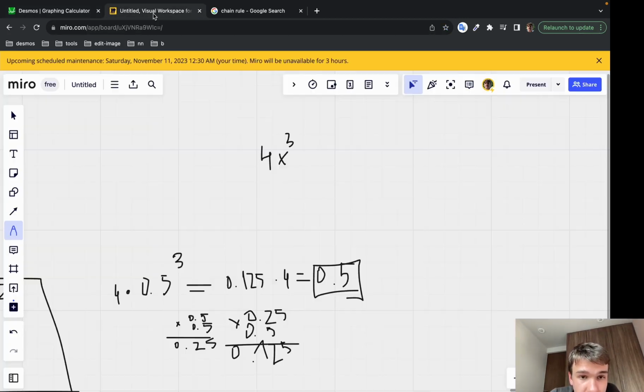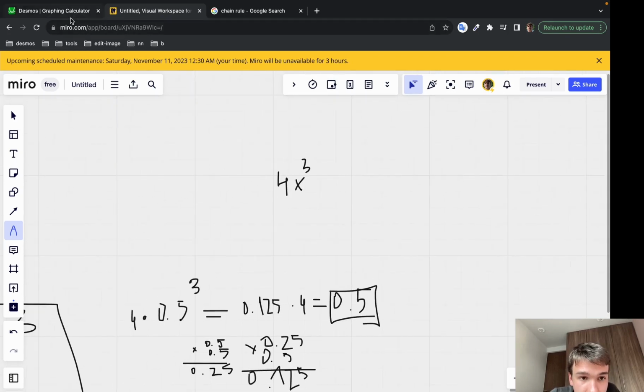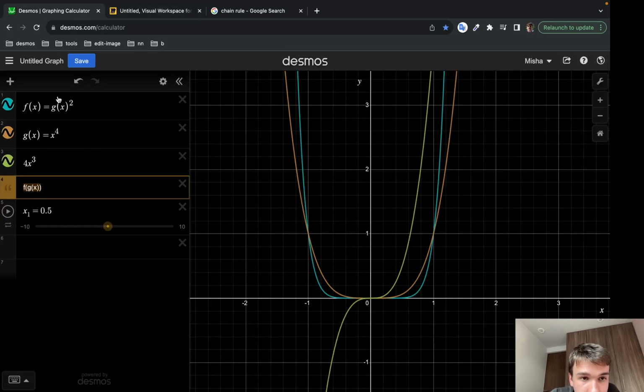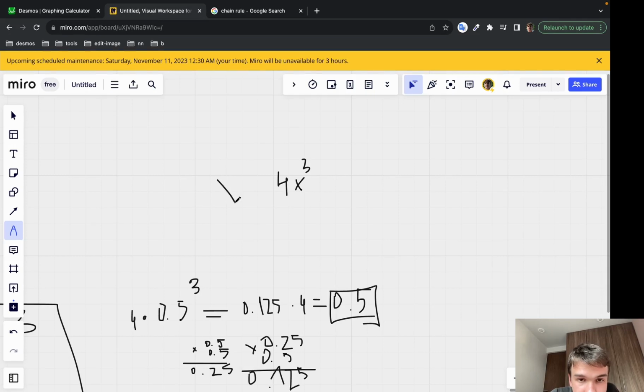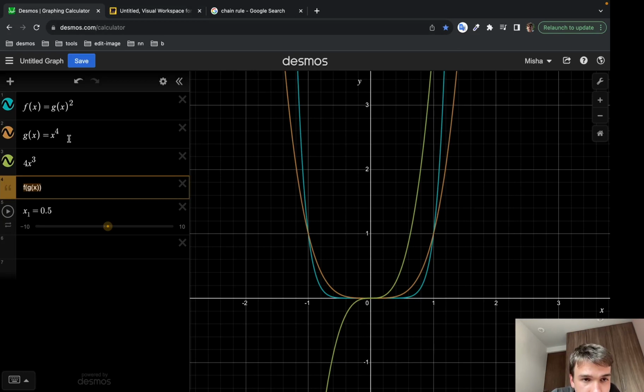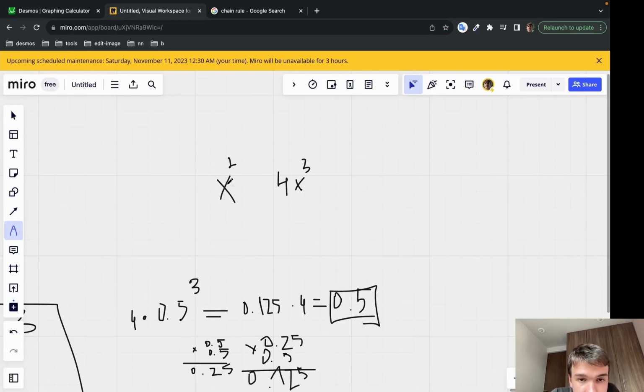So knowing this, we have f, and what is f is just x squared. What is our x in this point? Our x is x to the fourth power, and the reason is that we go first in this function. So it basically means that we have x to the fourth power, and then squared, and then multiplied.